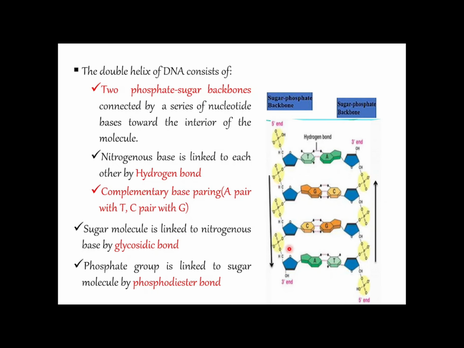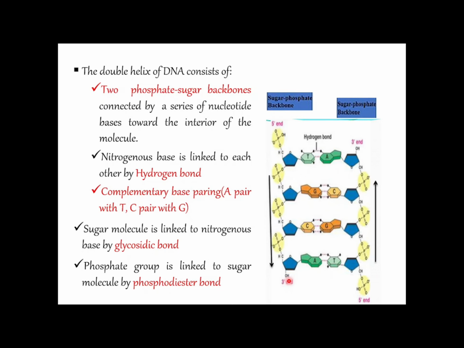But the direction of growth is from 5' to 3'. Do you know the reason why the direction of synthesis is from 5' to 3'? Always, a new nucleotide will be added at the 3' end, because at this position there is a free hydroxyl group.